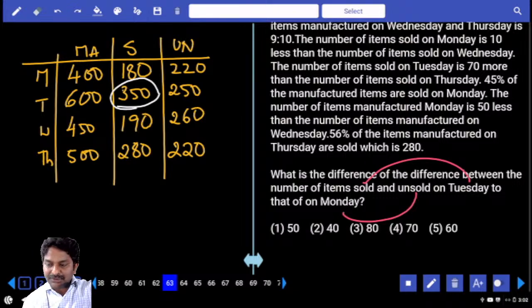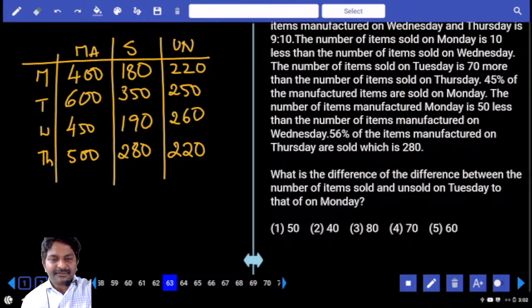Unsold on Tuesday. Question should be different.